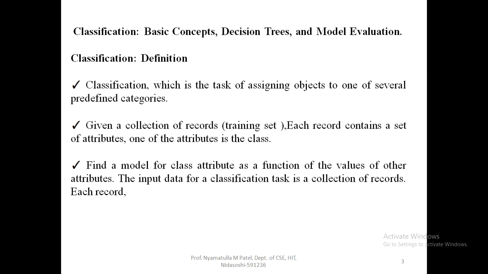Initially in classification, we will take a training set, a huge data set. For example, I will take all the vegetables together, and then I will classify them as either leafy vegetables or non-leafy vegetables.